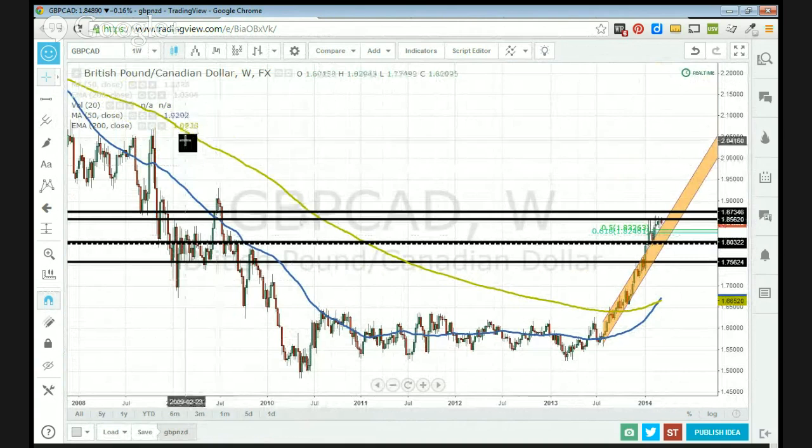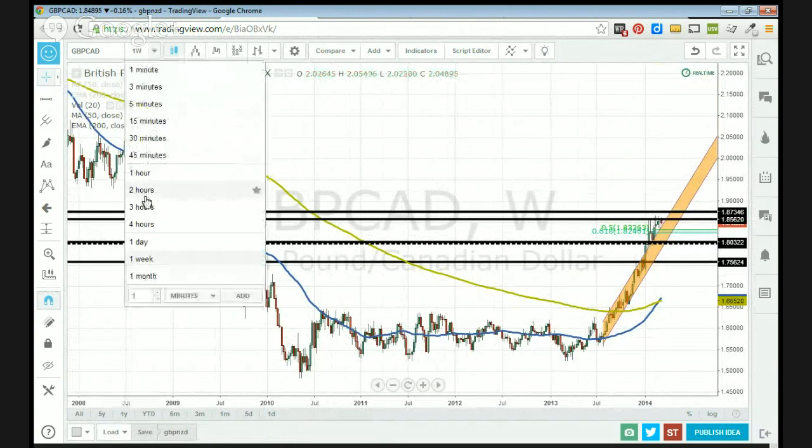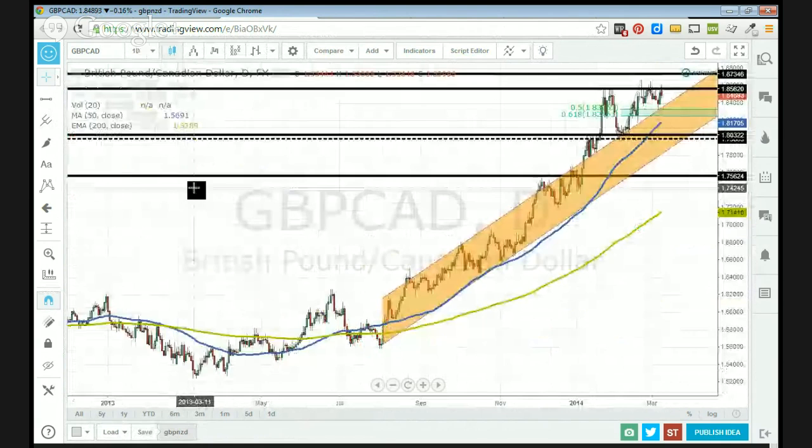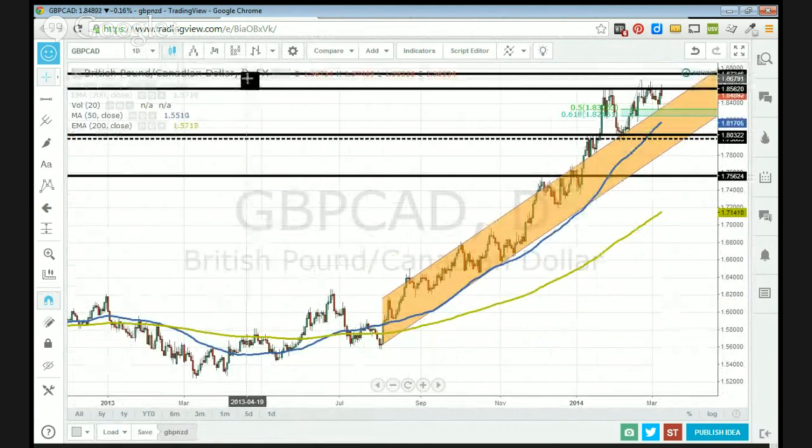Yeah, I don't think I'll go here, but basically you have another resistance level right here at 87.80. Well, maybe. So I could put my stop right like 86.80 or something like that.